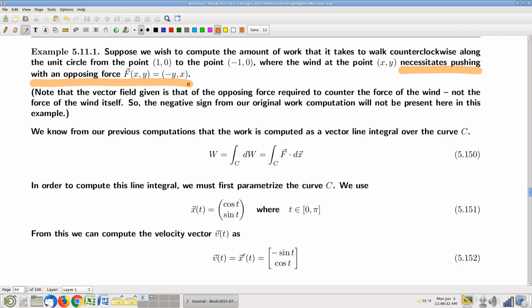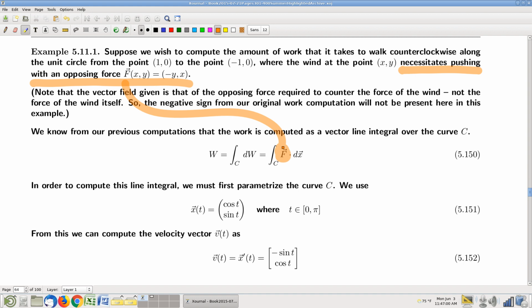It does not say the wind applies a force to you of capital F, which I would then have to oppose by pushing negative F. So the way this is phrased, the given is in fact F, which is our integrand field. Is everybody on board?